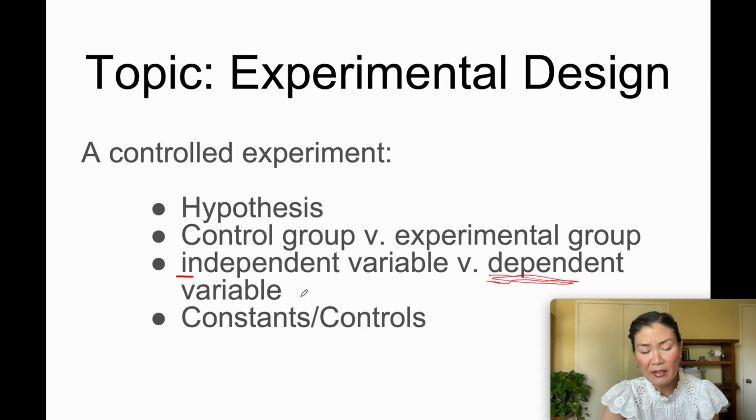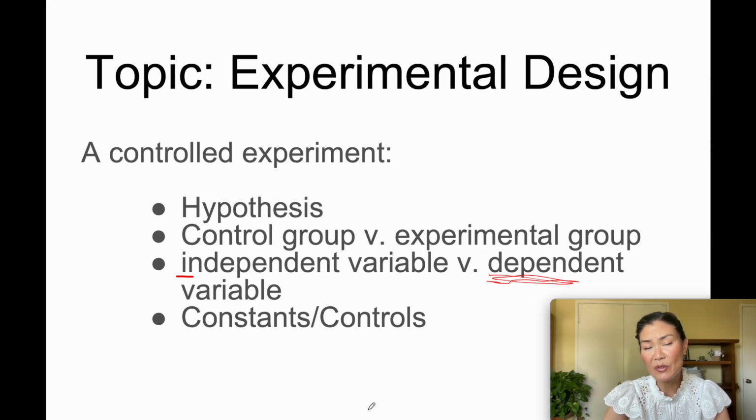The next thing that a controlled experiment needs to have is constants or controls. When you want to test what the independent variable is doing to your experimental group, you really need to make sure that the control group and the experimental group have exactly the same conditions. You want to make sure that constants and controls are exactly the same.